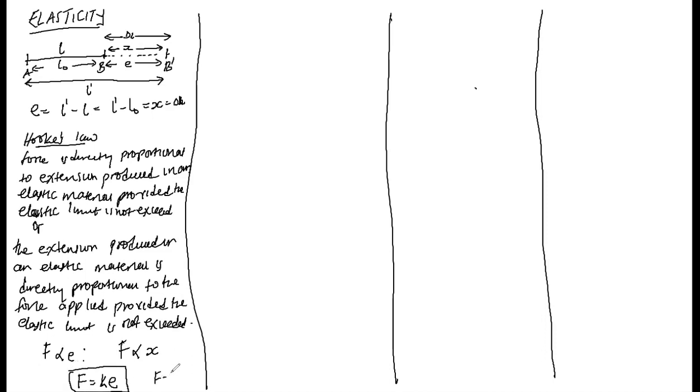If you're using x, force is equal to kx, where k is what we call the proportionality constant, which is defined by lambda over the original length, where lambda is the modulus of elasticity of the material.